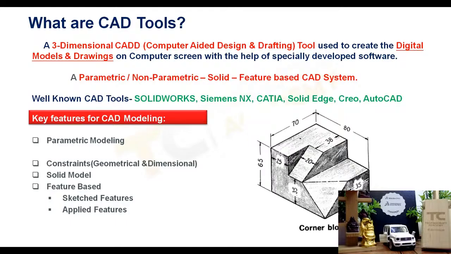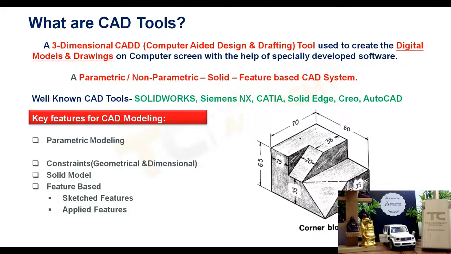So when it comes to key features of CAD modeling software, the first thing is the tool should be parametric. For example, you could see the image over here, right? So you could see the dimension, let's say, assume it is 65 and here it is 70, right? So now let's assume we have designed this corner block and we have saved it.